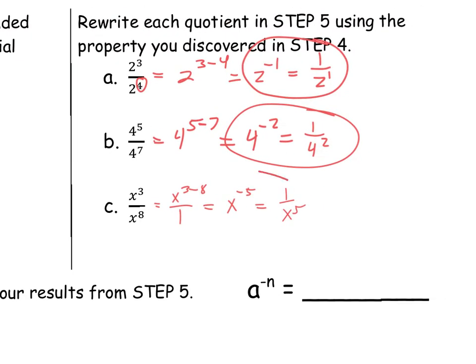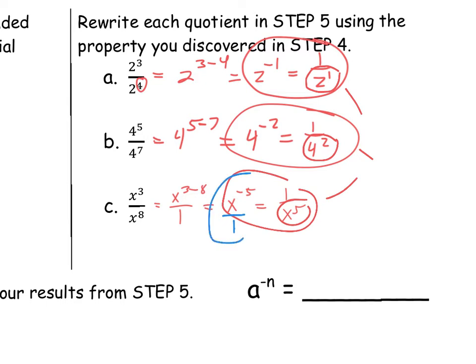So if you look at all three of these, we have a negative exponent, but when we got the positive exponent, it's on the bottom in the denominator. So what does that mean? Usually when you simplify these expressions with these monomials, these exponents, you don't want a negative exponent.